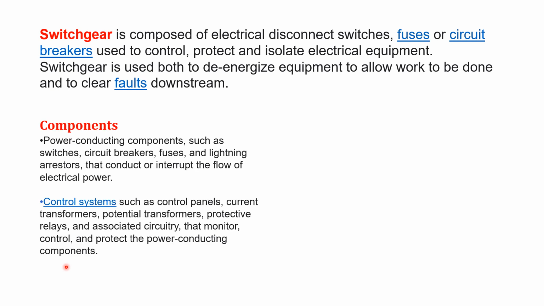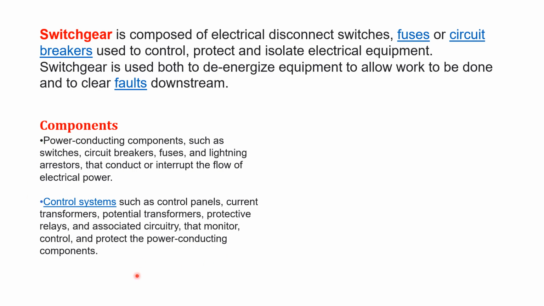So what are the components? Conducting components such as switches, circuit breakers, fuses, lightning arrestors that conduct and interrupt the flow of electric power. So what are the controls? These are the controls: current transformer, potential transformer, that is CT and PT, and protective relays. You can see the relays. They have different relays, but we are not tackling that one because it's a big discussion.